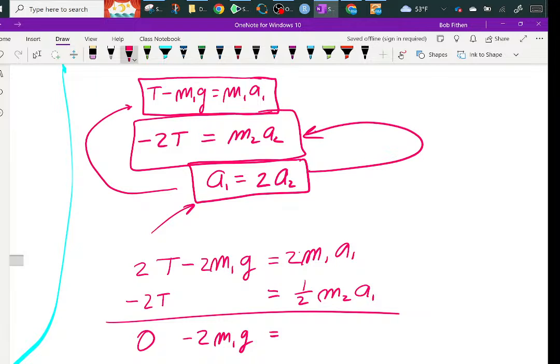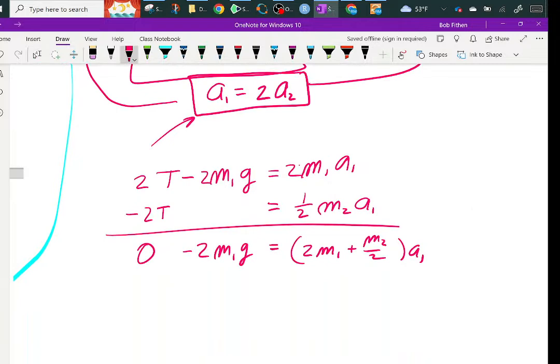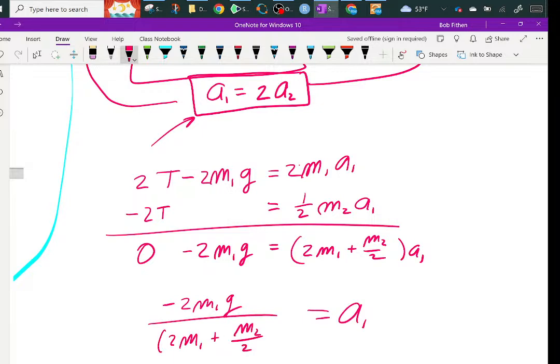So I don't know which one's the M1 plus M2 over 2, A1. And then I can just say A1. It's just a fact of reducing things now. I don't know what's the best way. 2 M1G over 2 M1 plus M2 over 2. How is it reduced? That's a good question.